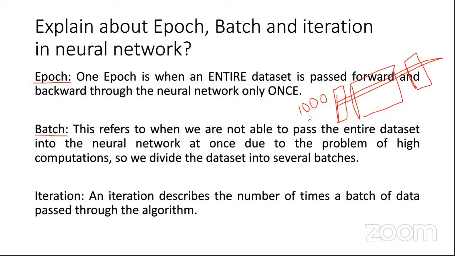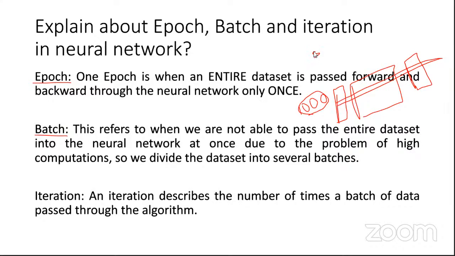Batch means, see, if you have 1,000 images, consider you have 1,000 images. If you are passing 1,000 images through a network at a time, then the complexity of the model increases. So what we will do is split this 1,000 data set into, consider, 50 at a time.